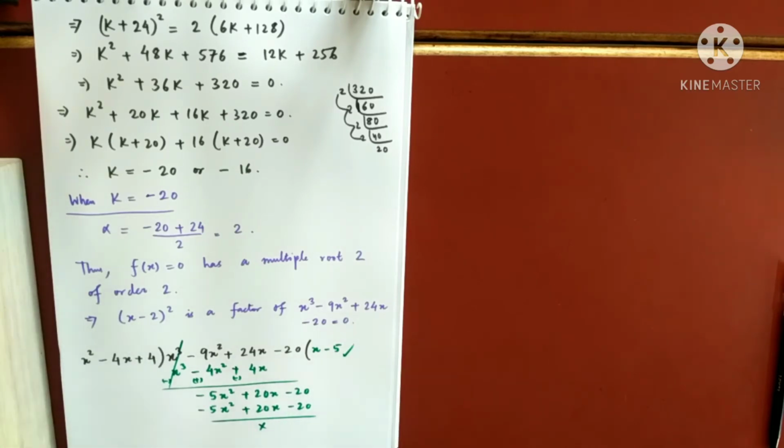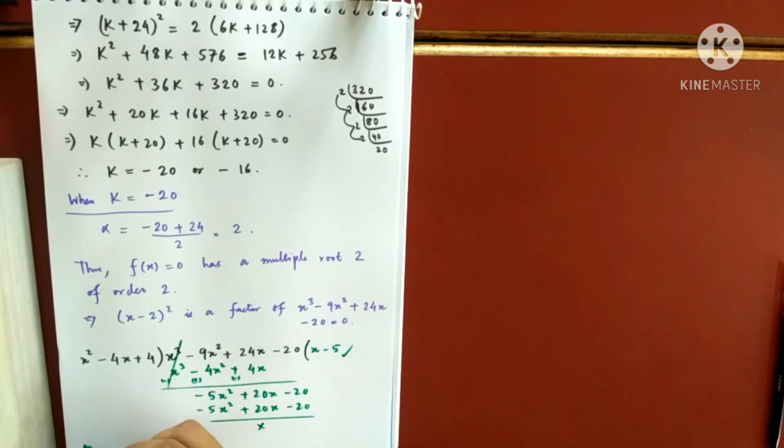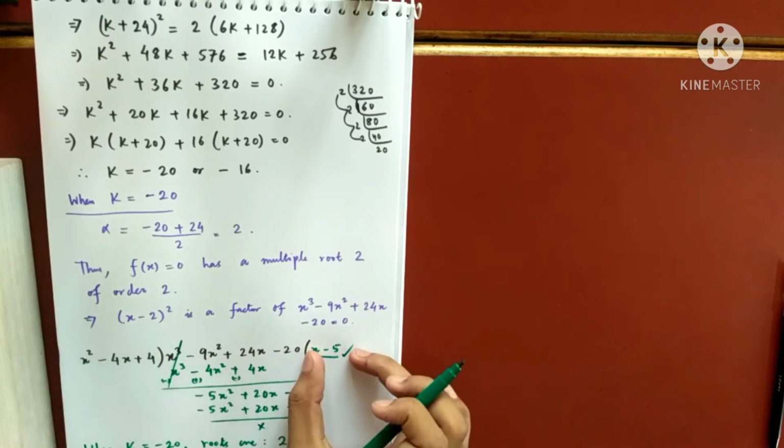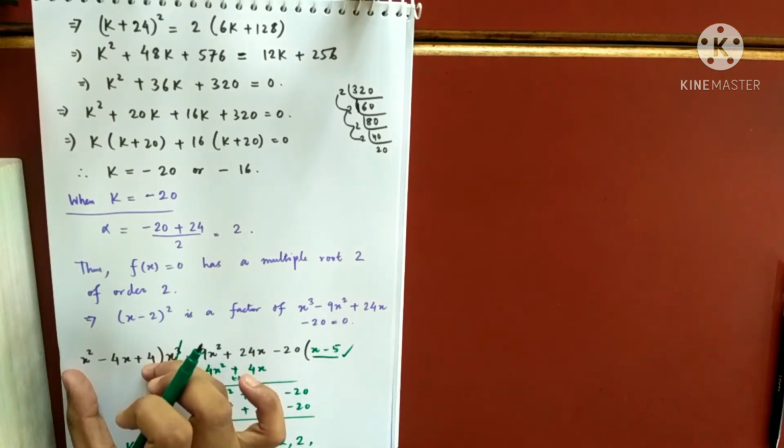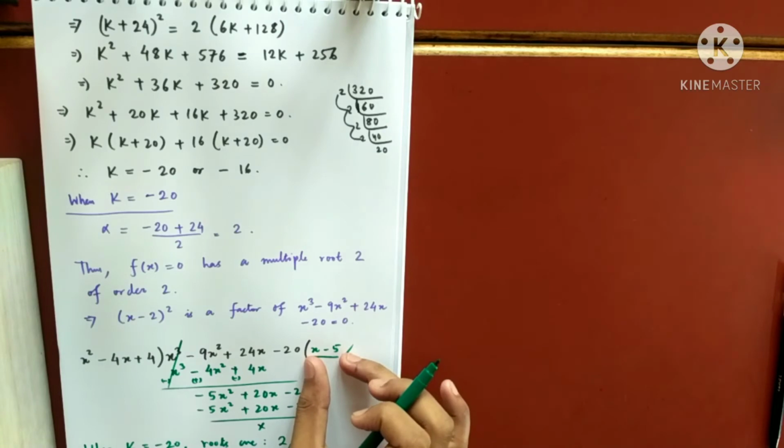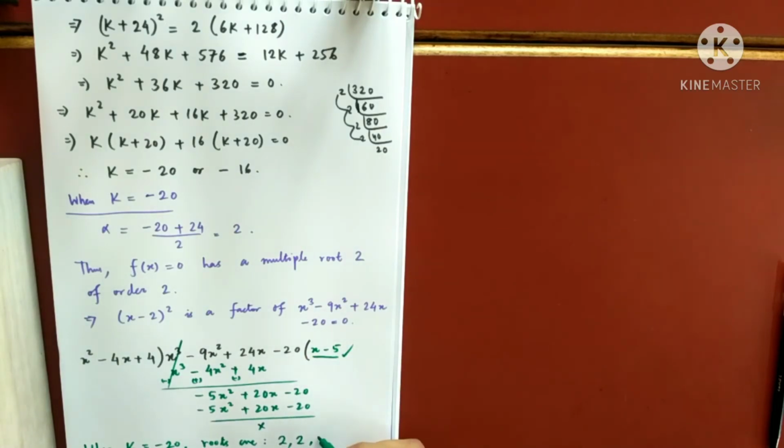So what is the other root? The other root can be calculated from here, 5. So when k equals minus 20, the roots are 2, which is a multiple root, and the last root can be calculated from here. From this I am already getting 2 roots, 2, 2, and the last root is 5.